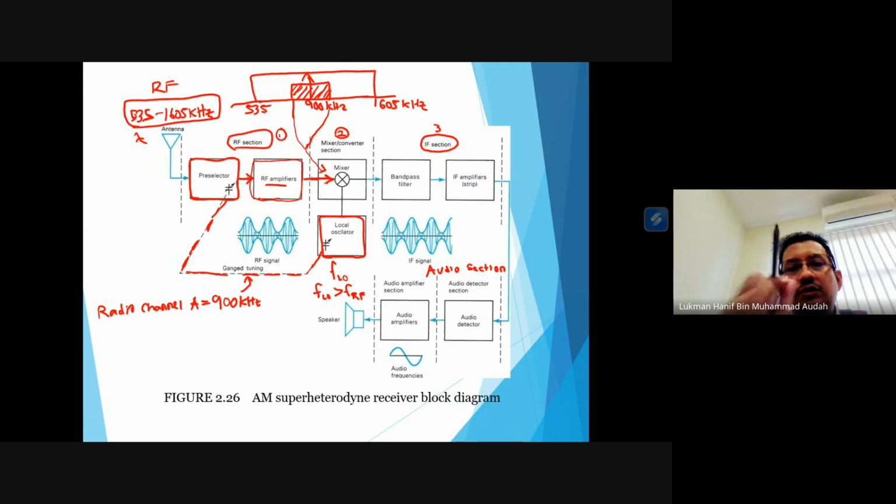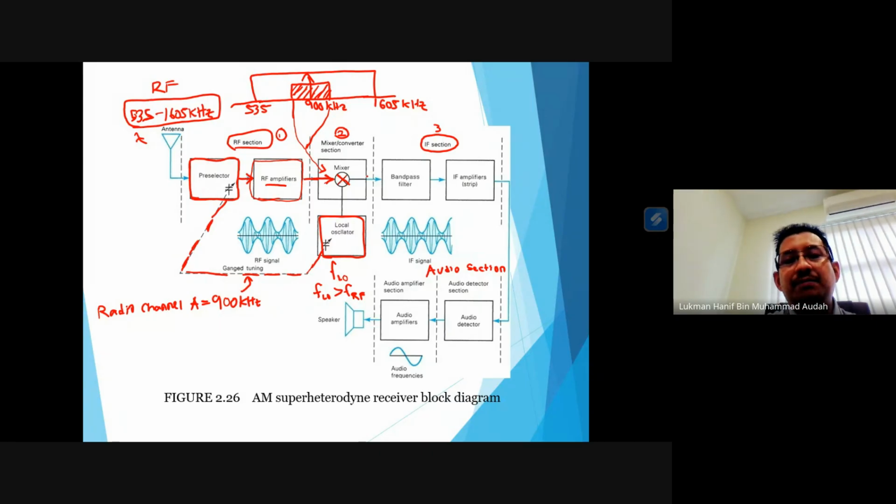Okay, so if you see from here, the symbol of X means that this mixer will do the process of multiplication in time domain. When we multiply, for example, sine and sine or cosine and cosine signals, we are going to produce two sidebands.